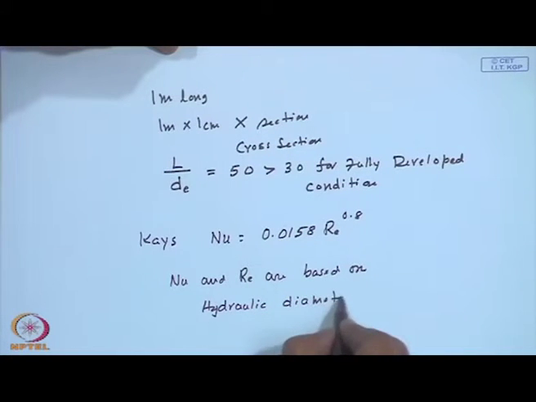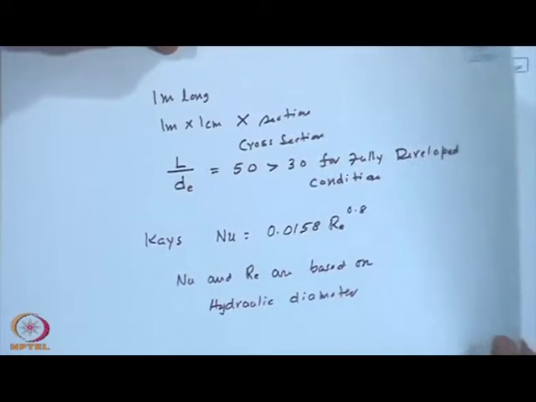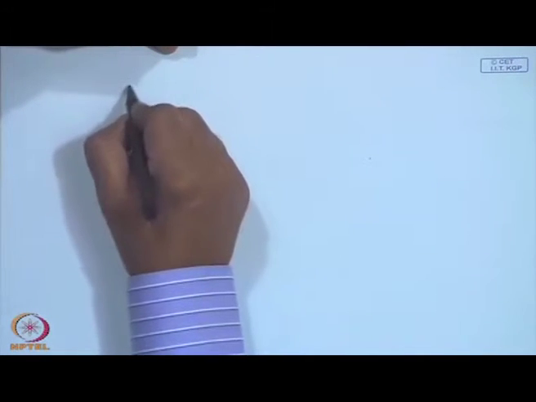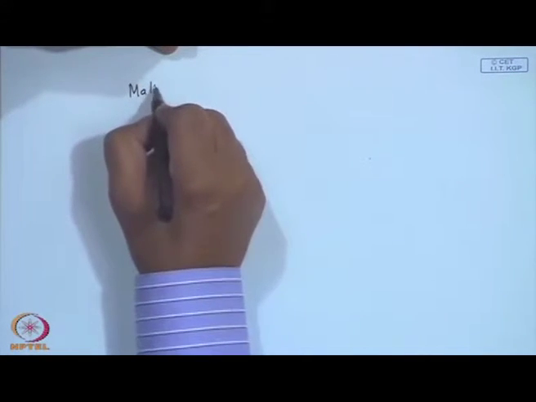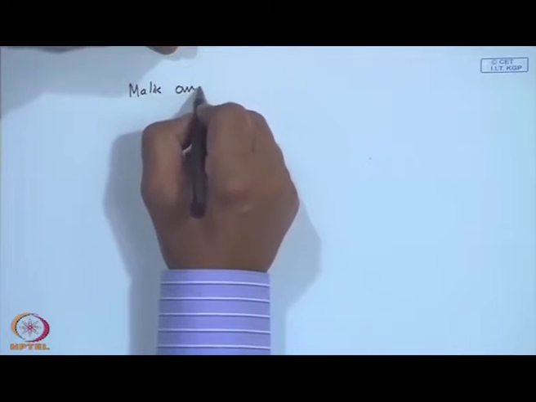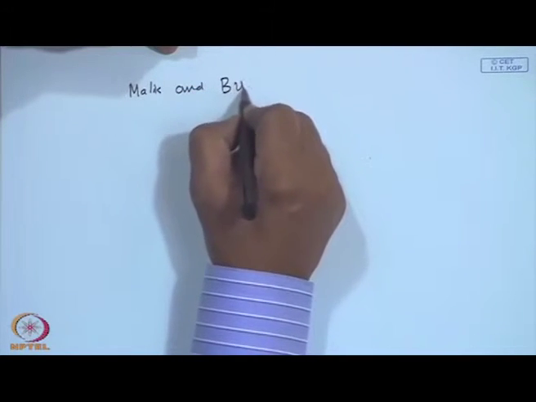Another commonly used correlation is due to Malik and Bulow, which gives the Nusselt number.